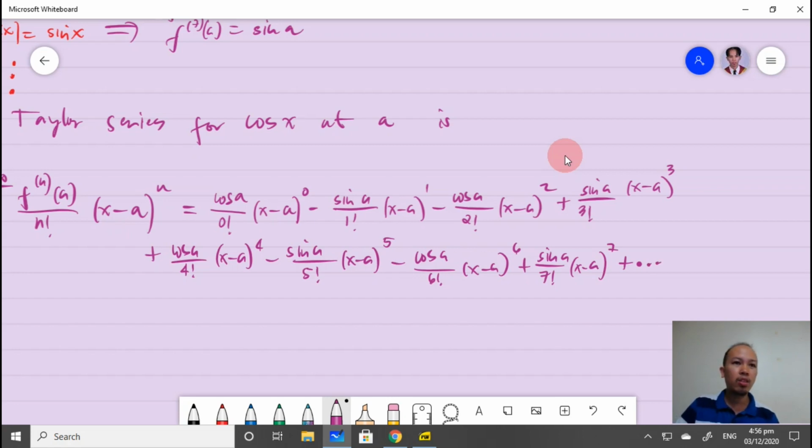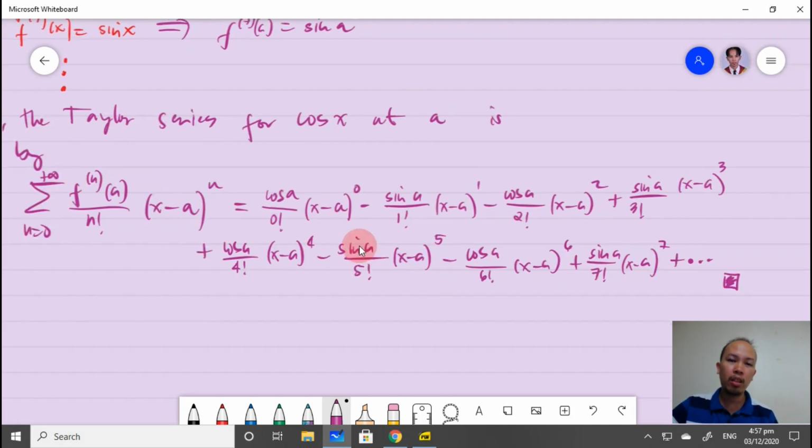So this is our Taylor series for cosine x at a. Meaning to say, we cannot write the right-hand side into a simple form in summation notation, because we cannot find any pattern. But if ever there is a pattern, we have to express it in summation form.